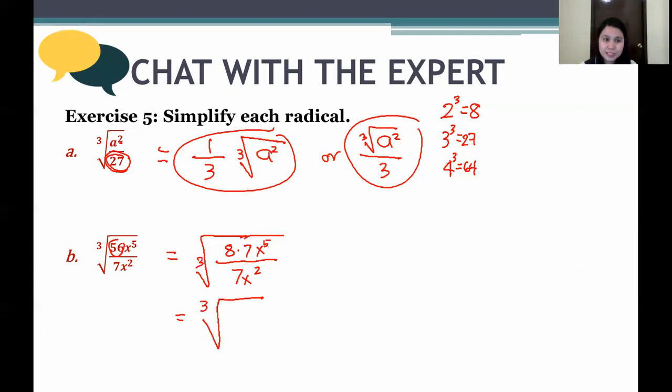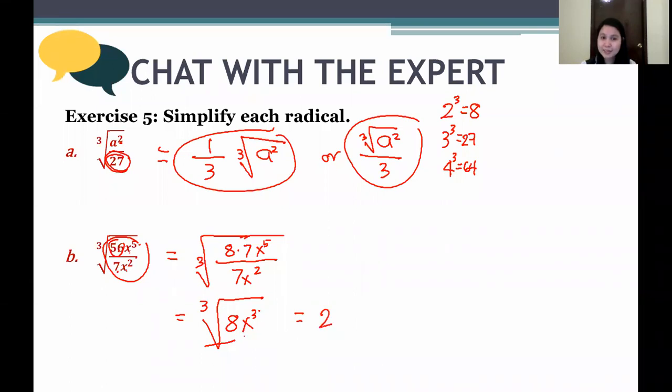You do first the one inside. 56 divided by 7 is 8, right? X to the 5th divided by x squared is x cubed. Subtract the exponents. So it's now easier. Cube root of 8 is 2.